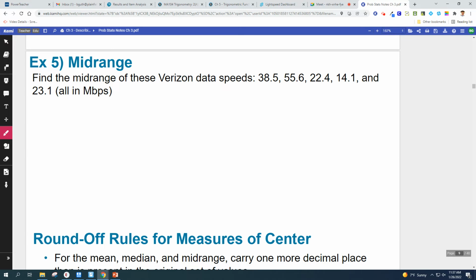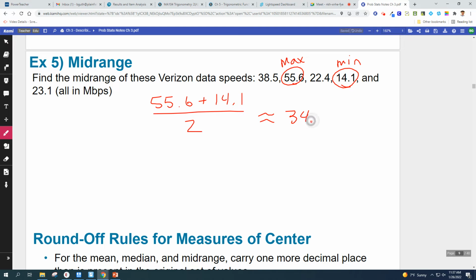Example 5, find the mid-range. So mid-range, remember what we do? We take the max plus the min, divide by 2. 55.6 plus 14.1 divided by 2. Going to get 34.85.